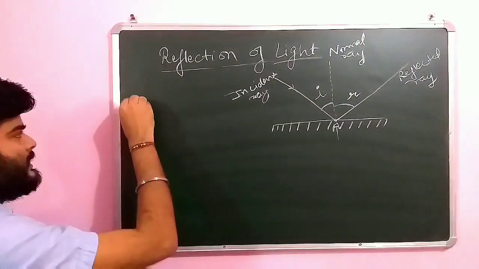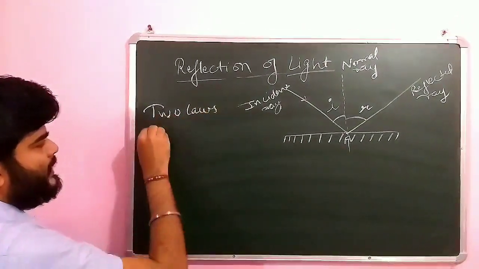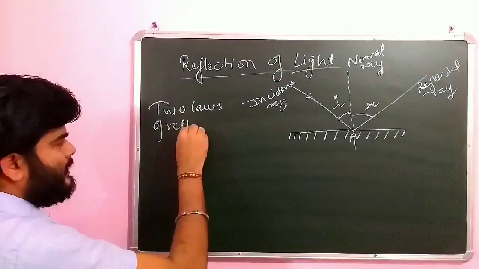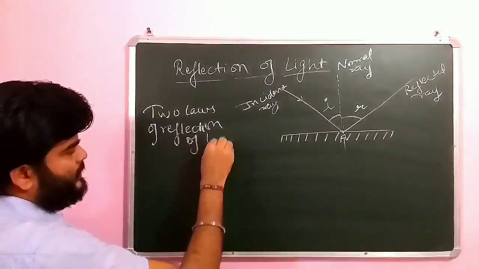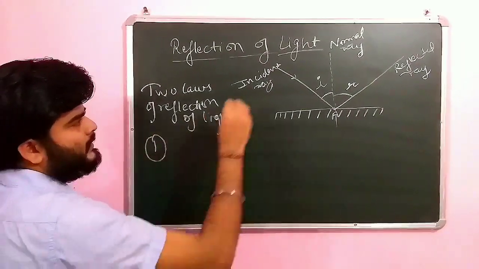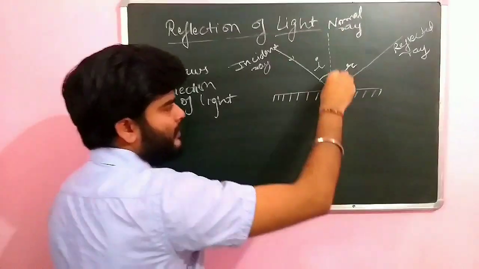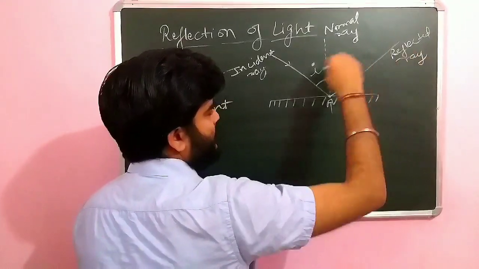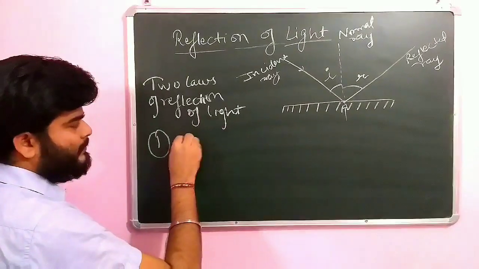So basically there are two laws of reflection of light. The first law is that the incident ray, the normal ray and the reflected ray will lie in the same plane.